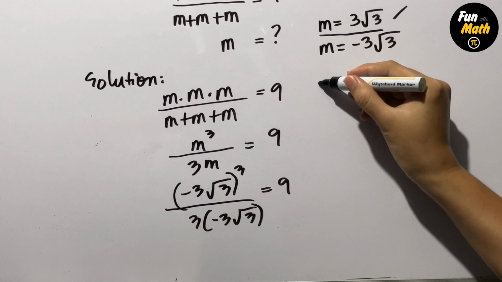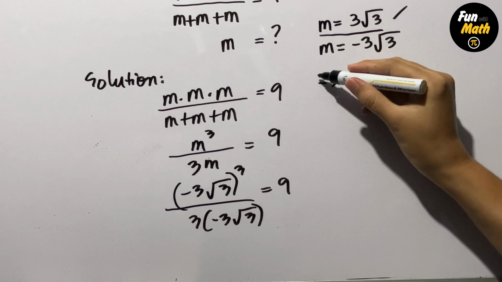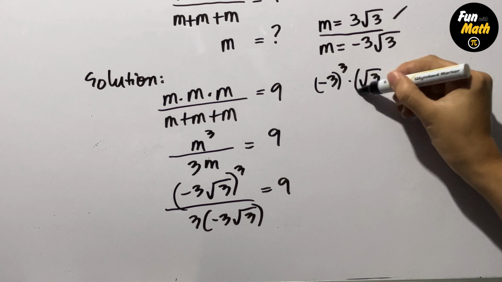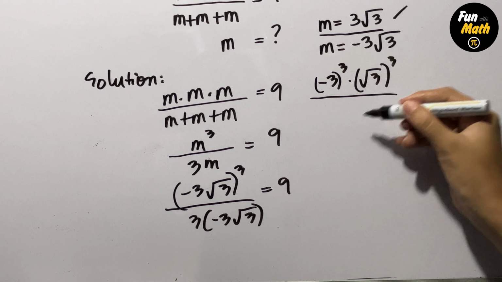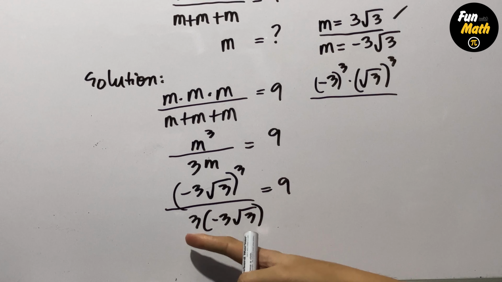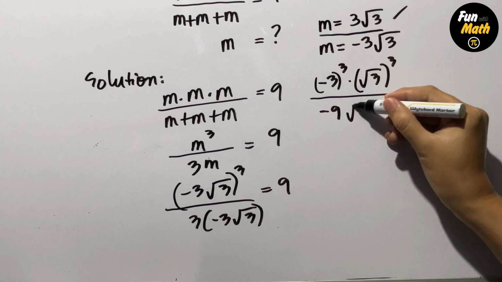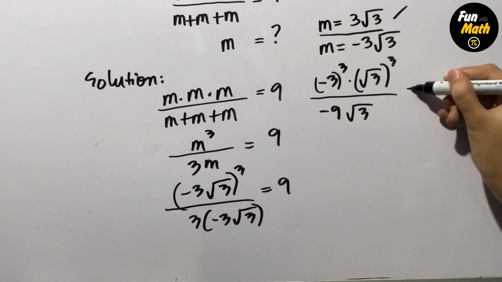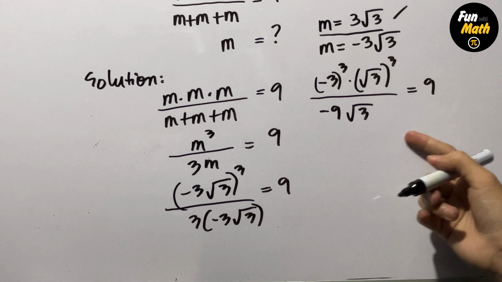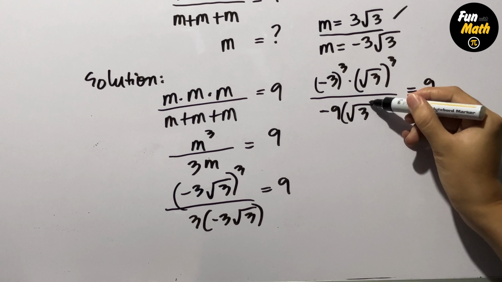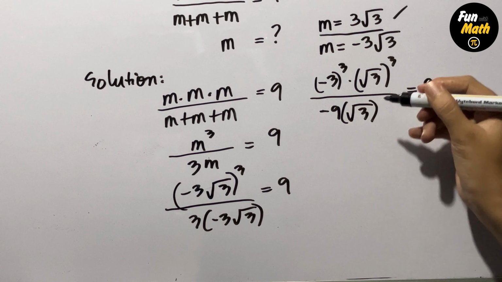So that is negative 3 whole to the power of 3 times square root of 3 whole to the power of 3 all over. Here we can multiply 3 times negative 3, that is negative 9 square root of 3 equals 9. So same for our denominator, let's separate with a parenthesis, and then let's put a power of 1 as a constant.